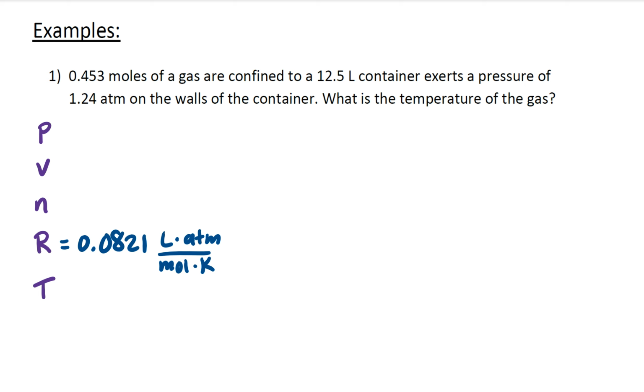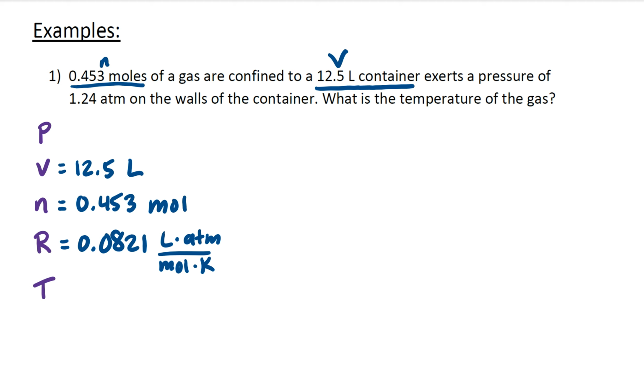So we have 0.453 moles of a gas. That is N. So N equals 0.453 moles. This gas is confined to a 12.5 liter container. That's going to be our volume. And it exerts a pressure of 1.24 atm. So that is pressure P.